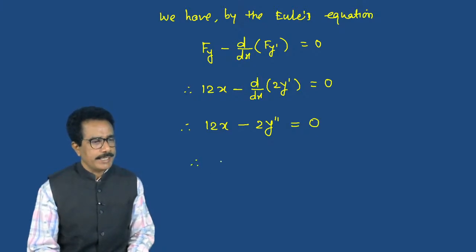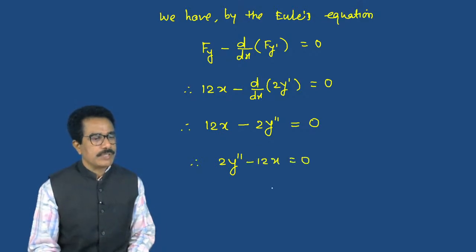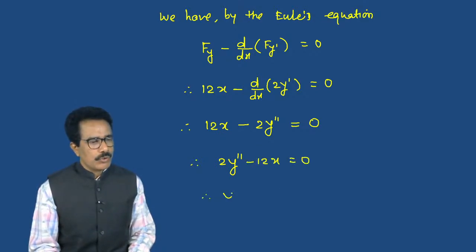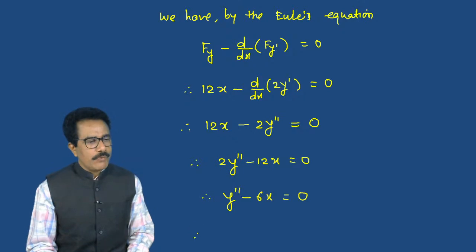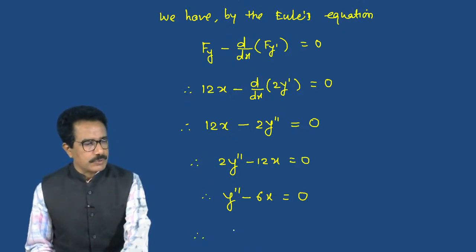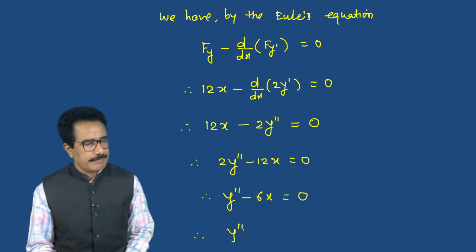So we can write 2y double dash minus 12x equals 0. So y double dash minus 6x equals 0. So y double dash equals 6x.